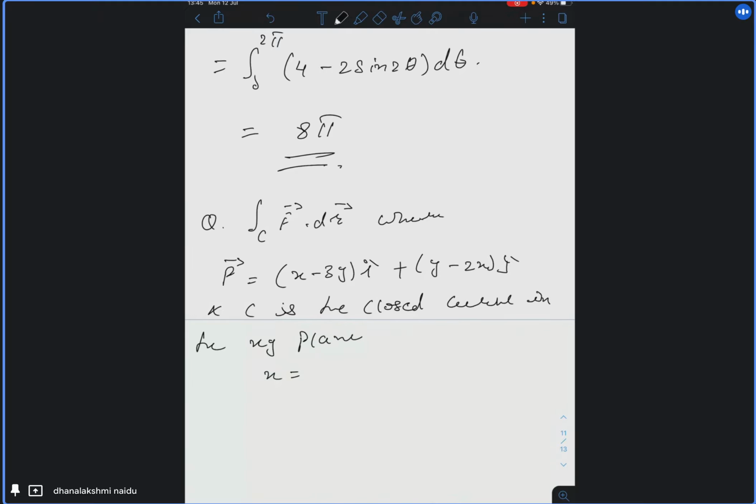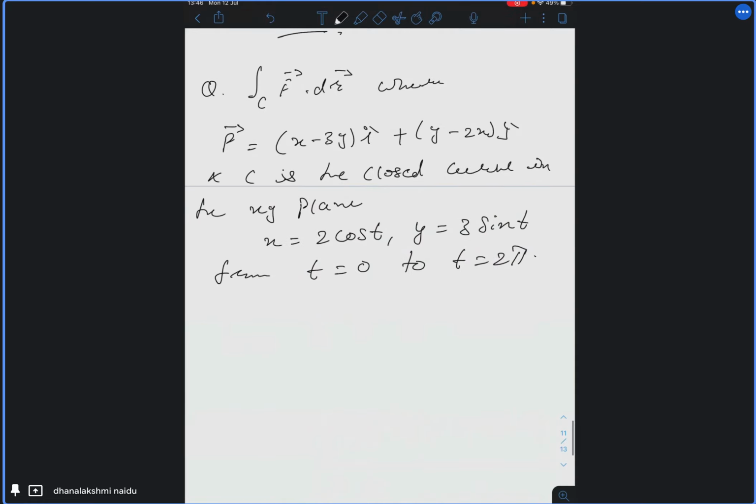The curve is given in parametric form: x is 2 cos t, y is 3 sin t, from t equal to 0 to t equal to 2 pi. Everything is given, you just need to integrate it. Solve and tell me the answer. Waiting for your answer.